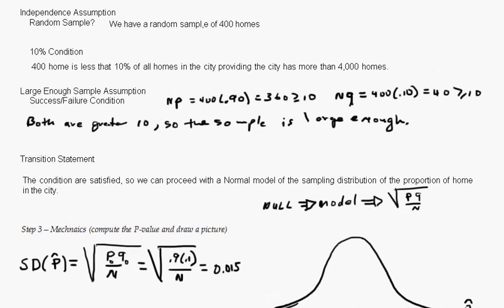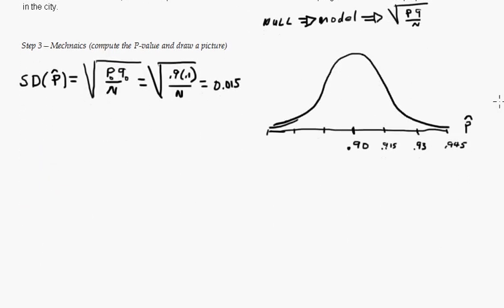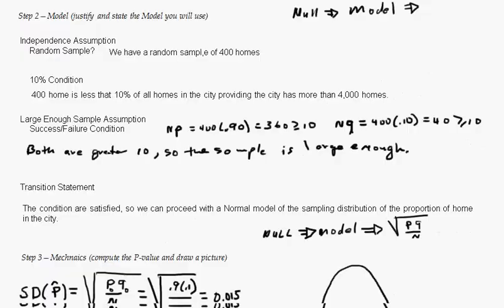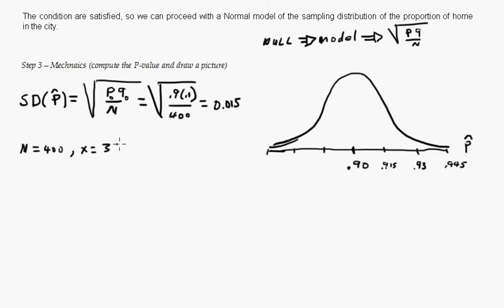Now, recall that n is 400, and x was, what was it, 376. 376, and then so p hat is 0.94.